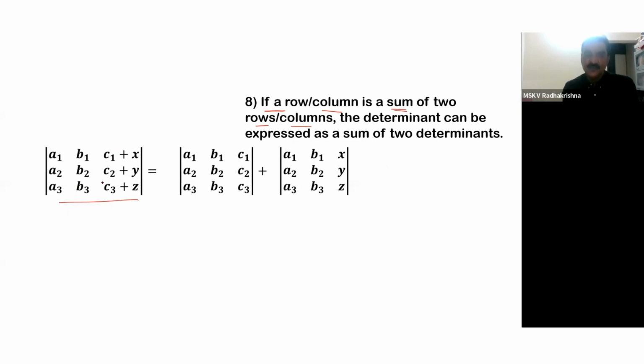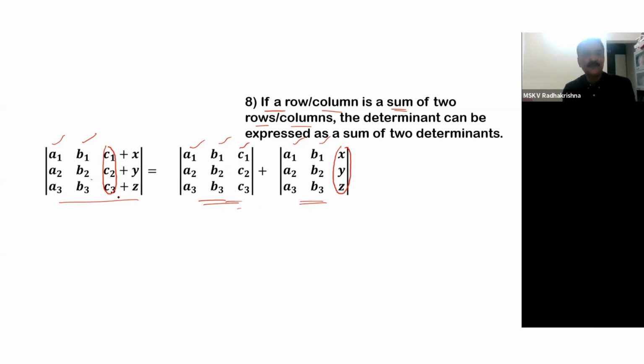In this case, you can express this determinant as a sum of two determinants like this. In these two determinants, you will write the same first and second columns in both. In the third column, once you take C1, C2, C3 here, then you take X, Y, Z. You are splitting the third column. Understood? So this can be expressed as a sum of these two determinants.